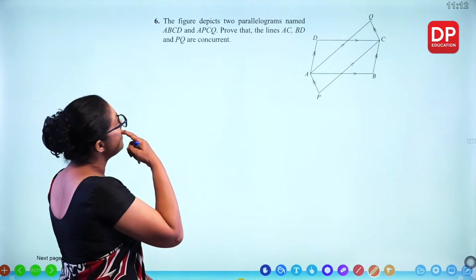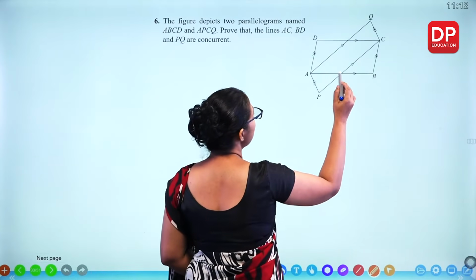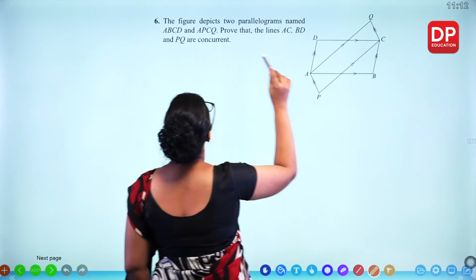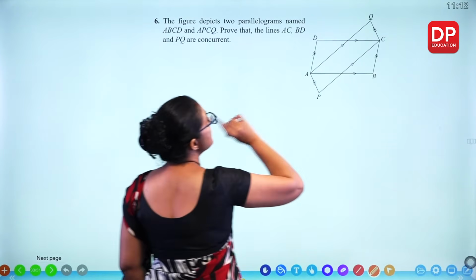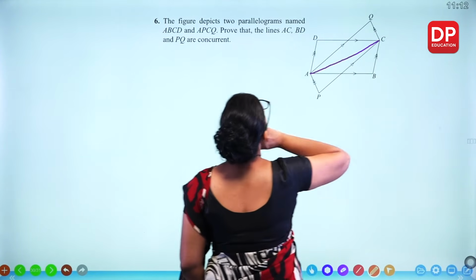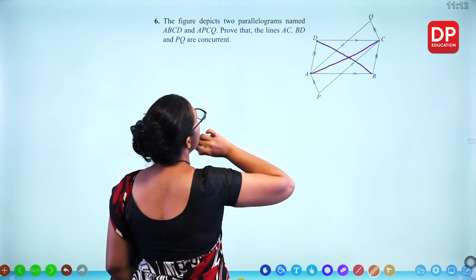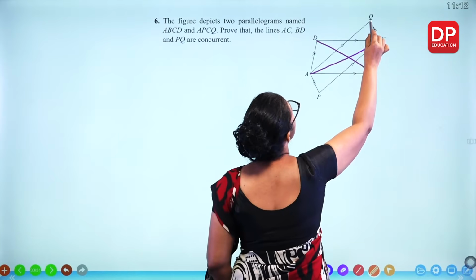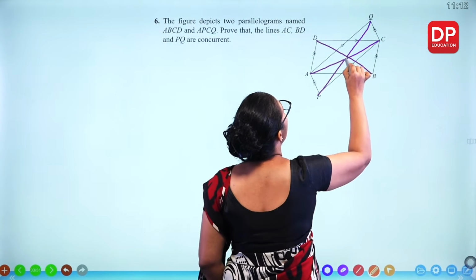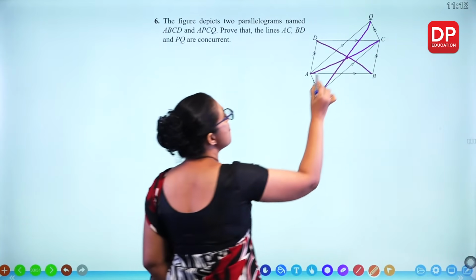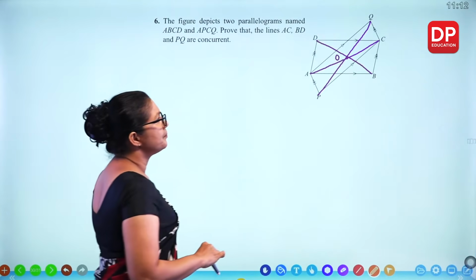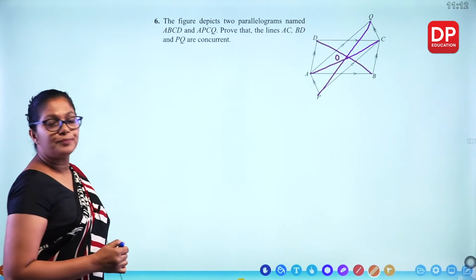So AC, this line, BD, this line, and PQ, all passing through the same point. You have to show that. How can we do it?